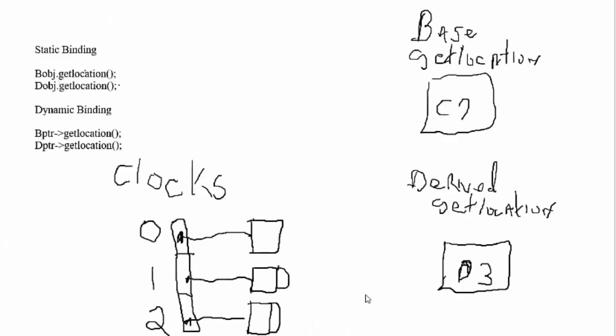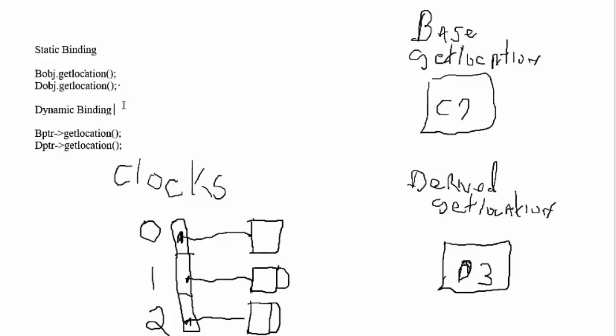So when the program is executing, it will look and say, what is that base class pointer pointing to? If it's pointing to a base class object, then I'm going to bind it dynamically to the base class function. If it's pointing to a derived class object, then I'm going to bind it dynamically to a derived class function.